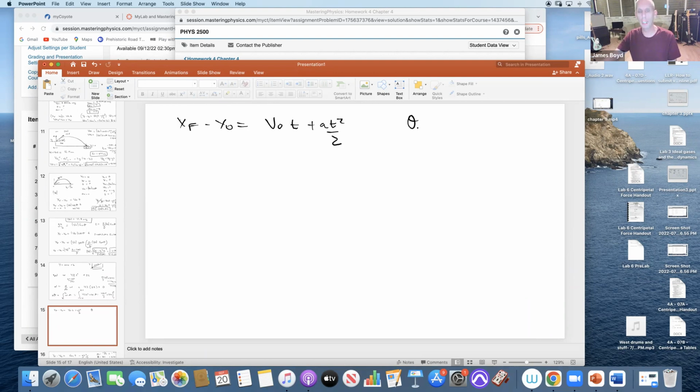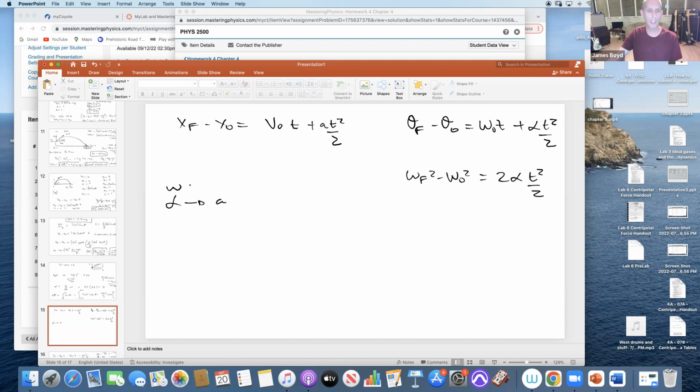What we get is theta becomes our x, but you need to remember that theta by itself has to be in radians. It can't be in degrees. This is just all of the constant acceleration equations with a replaced by alpha. Alpha takes over for a, omega takes over for v, theta takes over for x, and theta needs to be in radians. Otherwise, you've got problems.